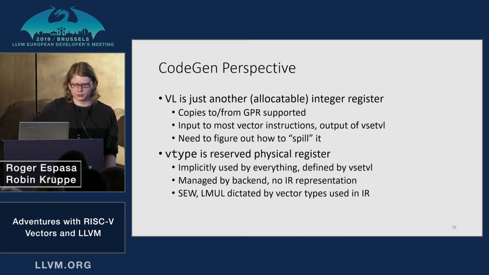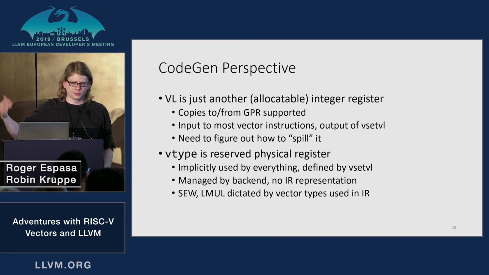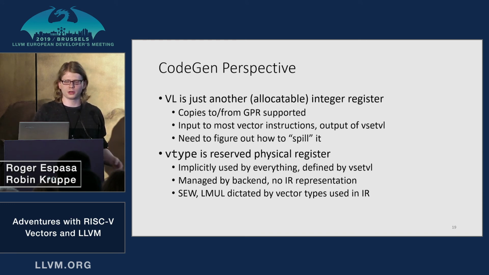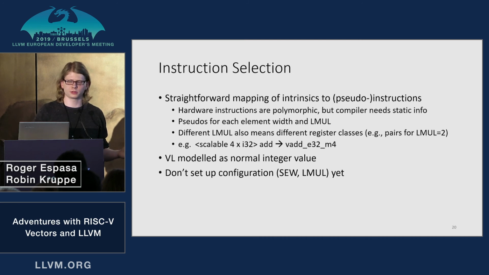And the configuration, the CSR, the register is called vtype in the spec, is a reserved physical register for LLVM. So it's implicitly used by most instructions. It's defined by vsetvl instructions, and it's managed by the backend, not mentioned in the IR. However, the vector types you use in the IR indicate which element width and which length multiplier the backend should use.